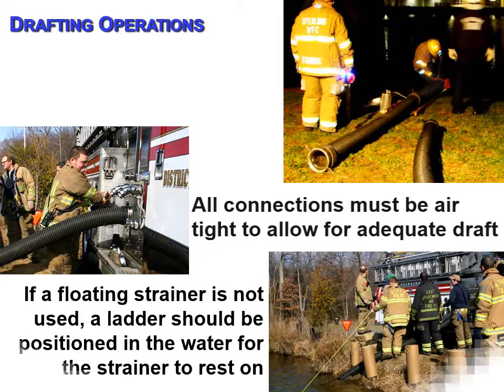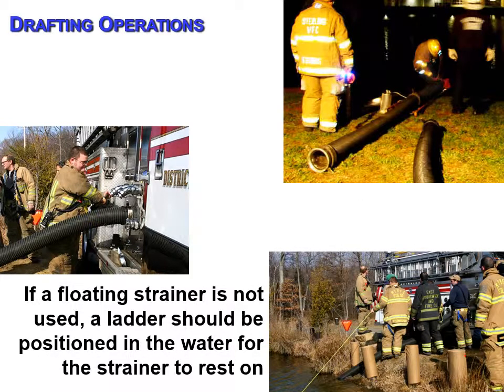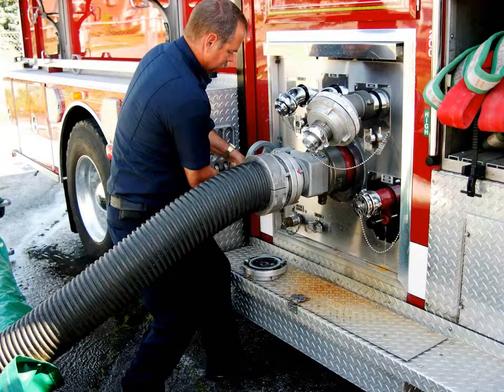If a floating strainer is not used, a ladder should be positioned in the water for the strainer to rest on. The strainer is then placed in the water. The pumper pulls a draft by priming the pump until positive pressure is indicated.